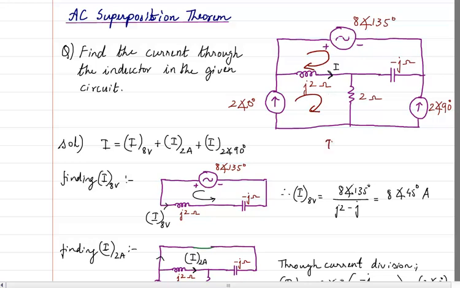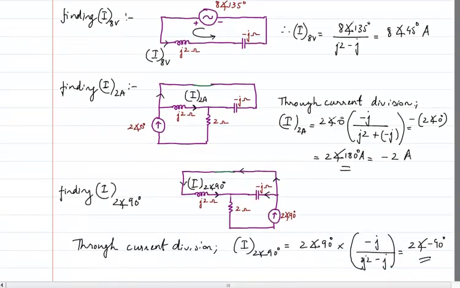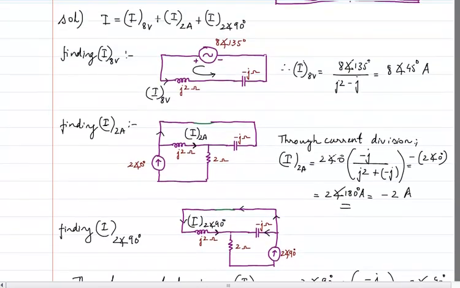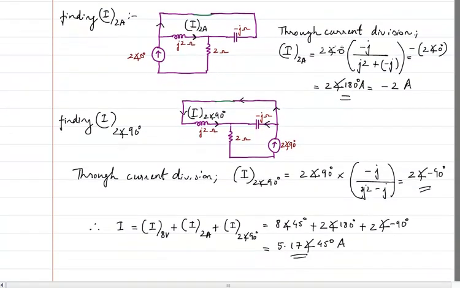So I would have found that I is equal to I1 minus I3, and for finding that I would have to do the mesh analysis. And here there is no need of doing the mesh analysis because we have very simply found it using the superposition theorem. And that is why the superposition theorem is used, because sometimes it makes the problem very, very simple. So here it has made the problem very, very simple.